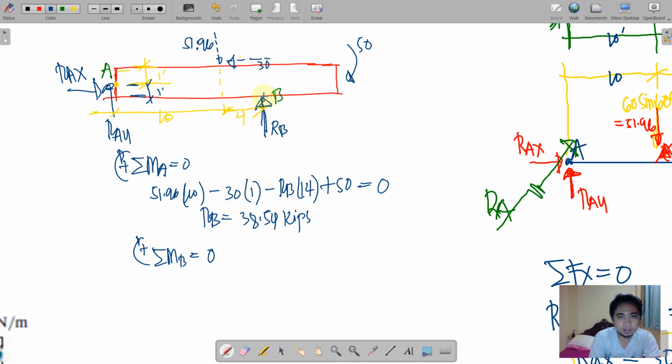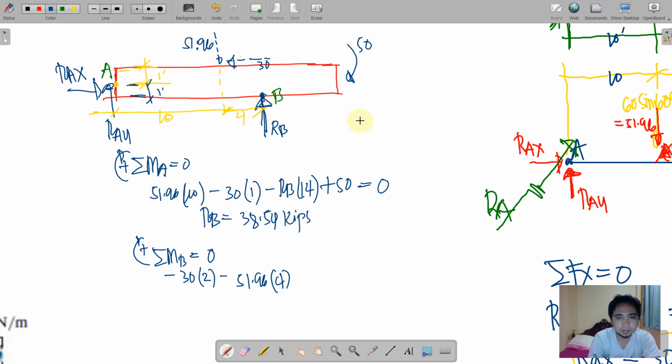So the effect of 30 from this point, we have a counterclockwise rotation that is negative 30 times 2. So negative 30 times 2. And then for this 51.96, that is a negative rotation. Negative 51.96 times 4.